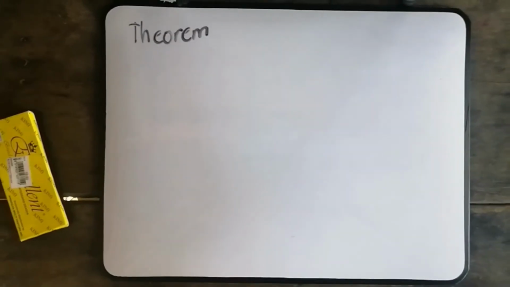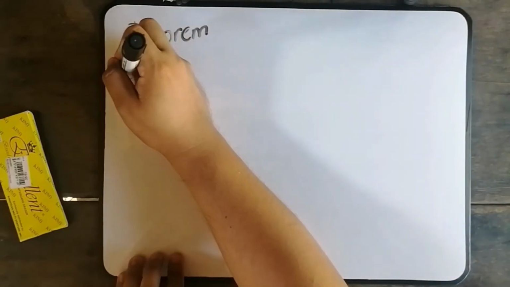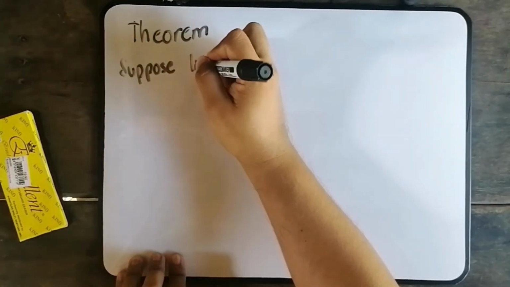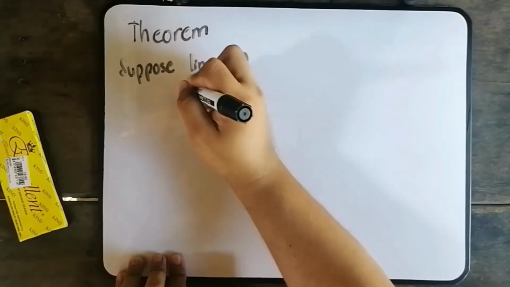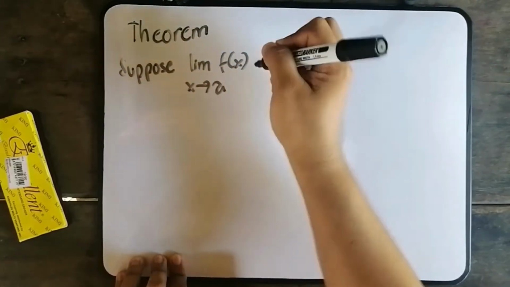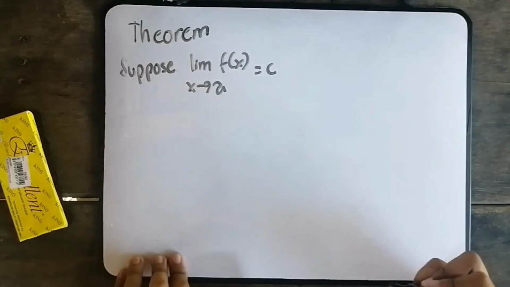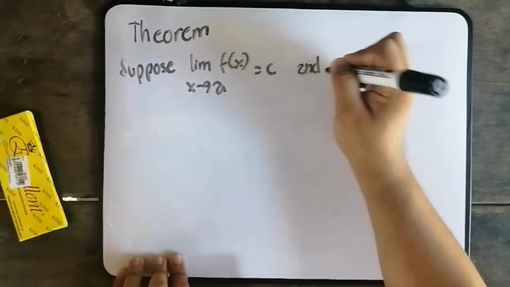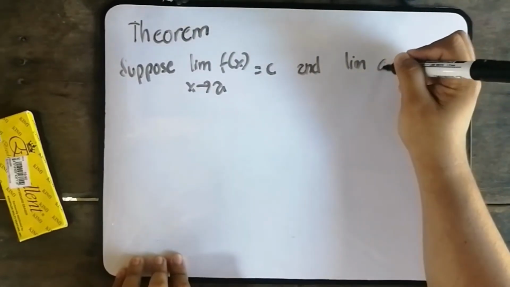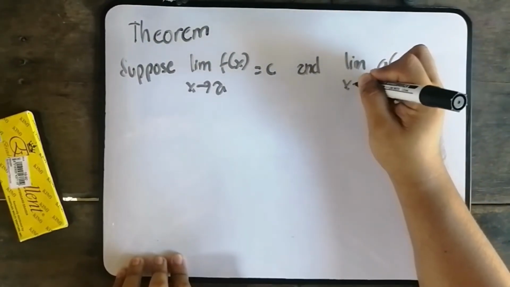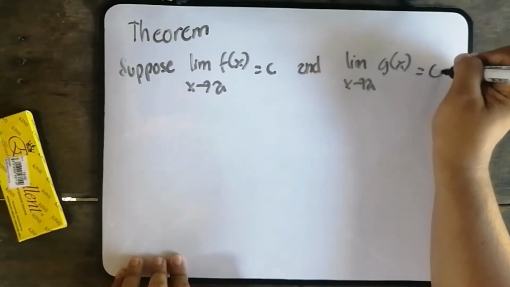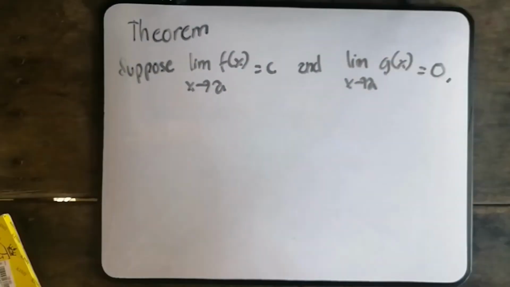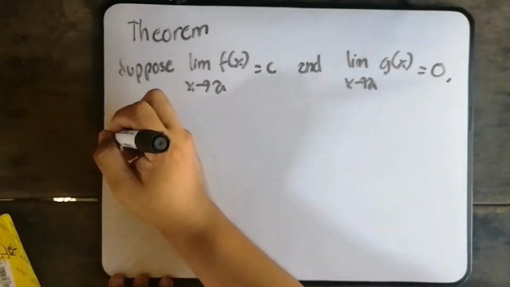Now, let's take a look at this theorem. Suppose that the limit of f of x as x approaches a is equal to c. That means it is a constant. And the limit of g of x as x approaches a is equal to 0. Then, the following statements are true.